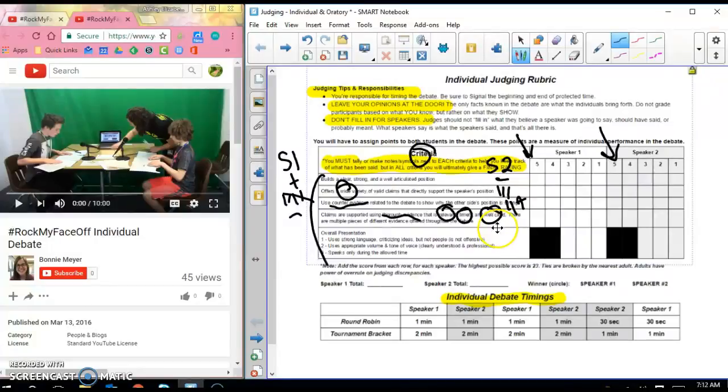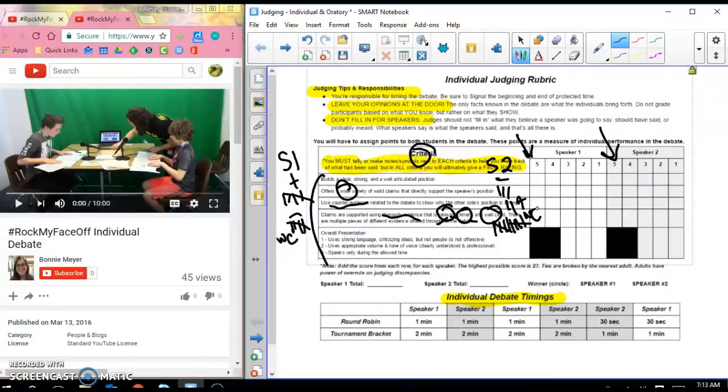Even if this person over here uses 10 pieces of evidence and this person only uses 5, but all of them are well cited, then I might give this person a higher rating because they've done all 3 of these things, than this person who said the same thing more than once, or the evidence was not timely, or maybe they never cited anything. So maybe I would even write an NC for no citations.